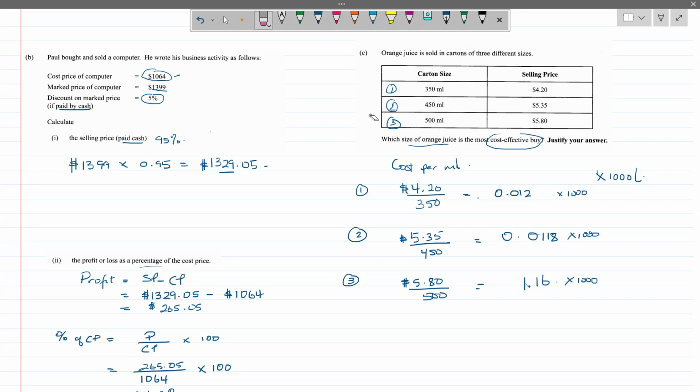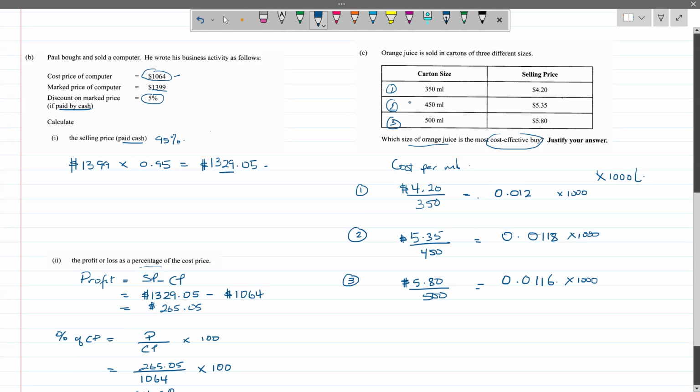Sorry, I wrote this incorrectly. This is 0.0116. I'm multiplying by 1,000 because all of these are very close to each other. It's going to make it easier for us to distinguish between them.